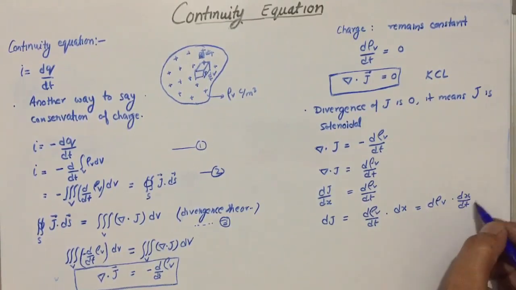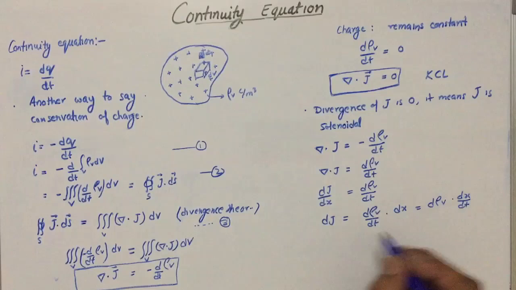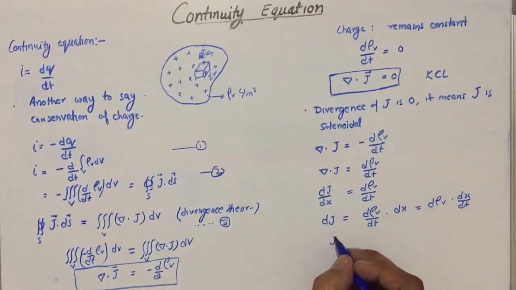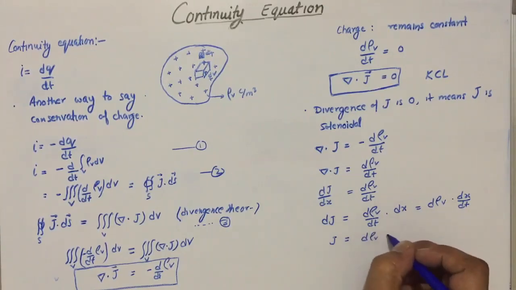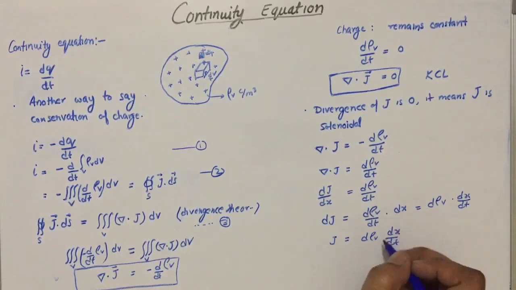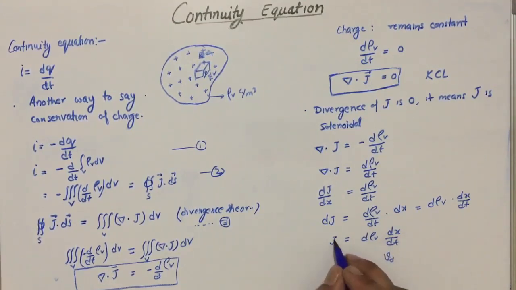And what is this, by the way? If we write J, that is current density, then we can write ρv into dx over dt. What is this? This is velocity, named as Vd, the drift velocity.